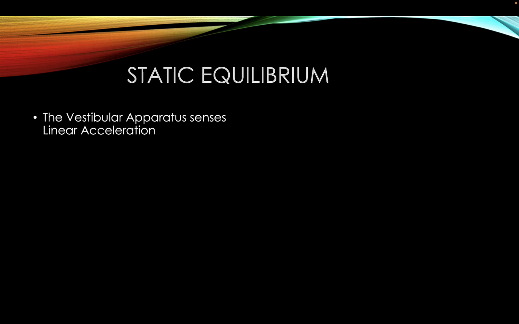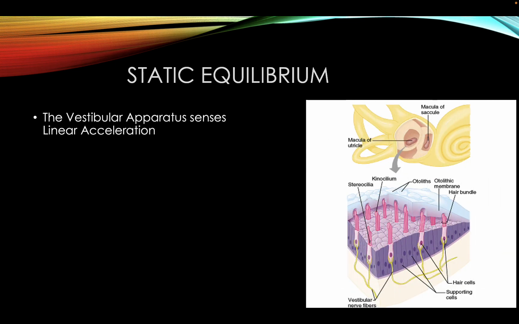Now with static equilibrium, okay, we're using that vestibular apparatus, and because we're not really moving a whole bunch, we also refer to this as linear acceleration. So you can see here, this is the vestibular region. You have a region called the utricle and the saccule, and they are composed of something kind of similar to what we saw in the ear. So we have our neurons, okay, and these are our dendrites attached to the neurons.